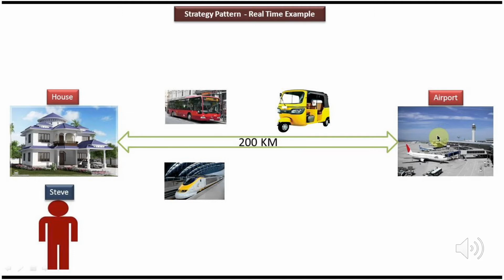So the modes of transportation are basically the different options, different policies, different strategies which he can adopt to accomplish his main goal. So similarly, different strategies, different algorithms are selected at runtime.